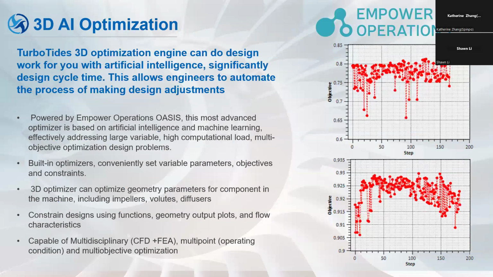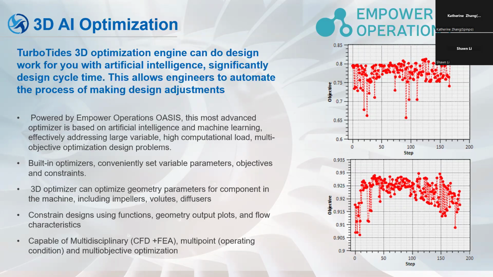So arguably the most unique feature that we have in this program is the 3D AI optimizer. It's powered by the most advanced and fastest multivariable AI optimization tool that's out there. It's called Oasis. It was made by this company called Empower Operations in Canada.